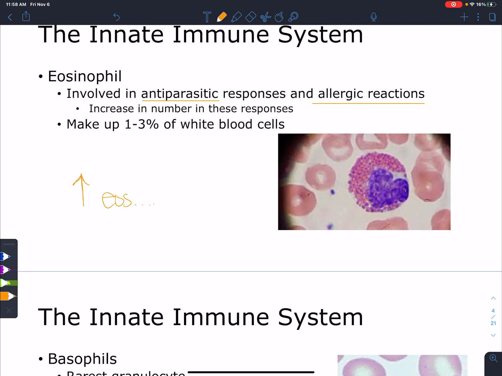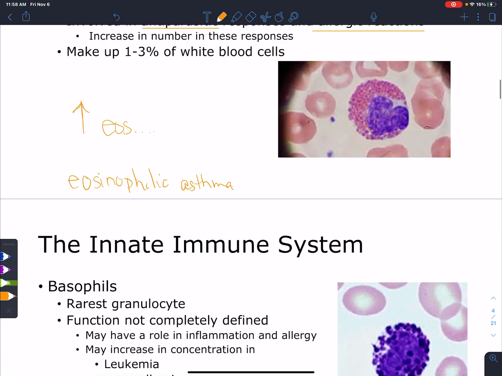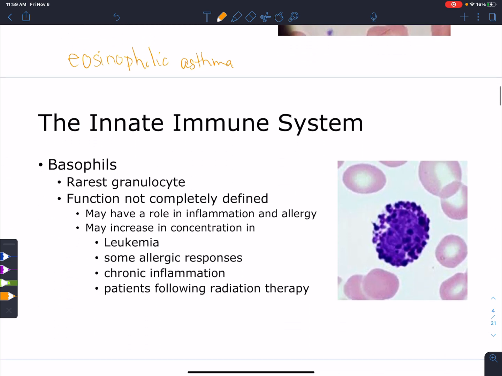One of the big things you're hearing about now is eosinophilic asthma. And that's where individuals, usually due to an allergic response, have those eosinophils just reproducing at a very high rate, and they're infiltrating the lungs.